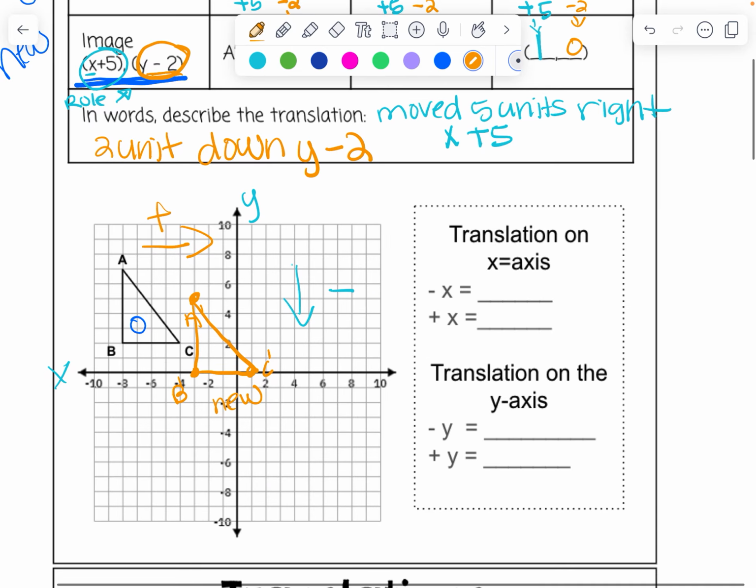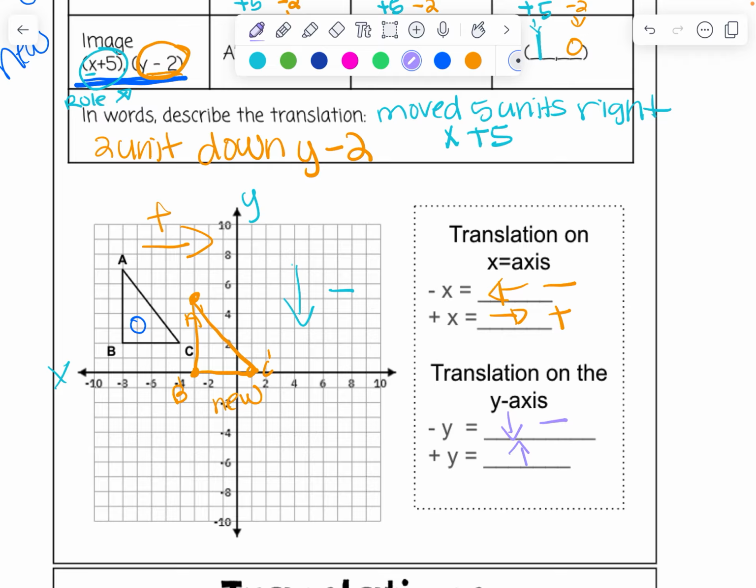So in translations on the X-axis, if you go to the left, you're going to subtract. If you go to the right, you're going to add. And this is what we wrote at the beginning. For the y-axis, if I go down, I'm going to subtract.